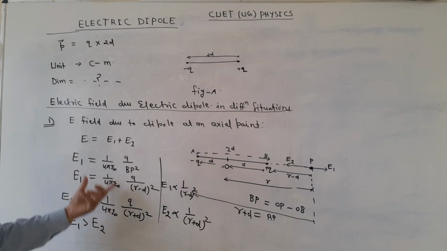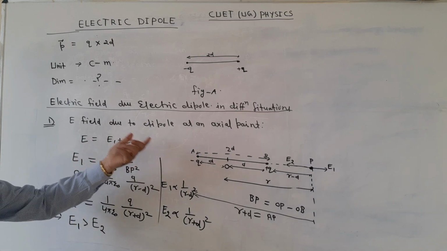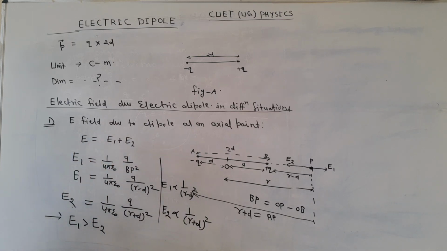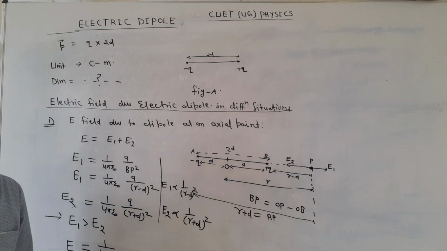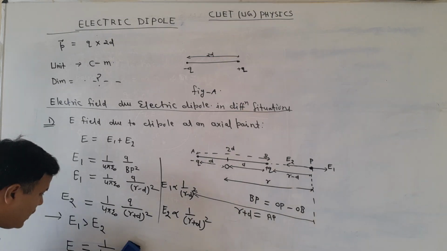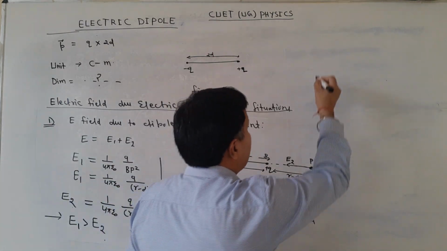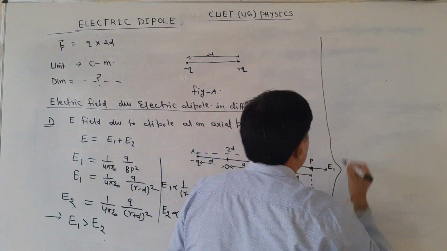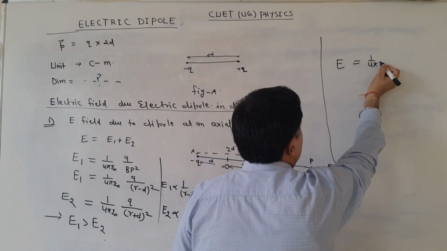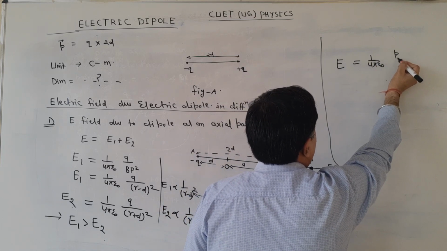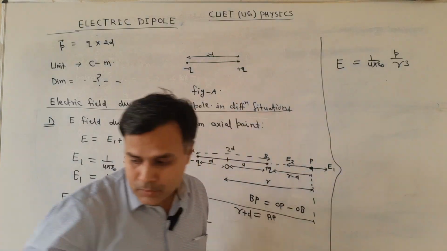So now, after putting the values of E1, E2 and rearranging, we have an electric field profile due to an electric dipole at an axial point, which is simply 1 upon 4 pi epsilon 0. I think it is not visible, so let me write here. So electric field is 1 upon 4 pi epsilon 0 p by r cube.